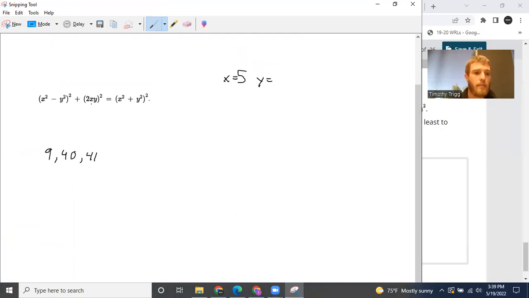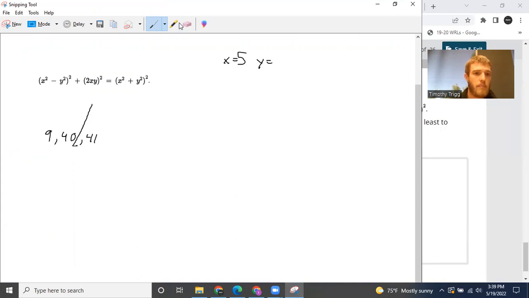So we know our x value is 5, but what's the y value here? Well, one thing I noticed is that this 2xy is probably going to be our 40 here. So 2x, x is 5, y we don't know, and this is going to be our 40. Solving for y, we can see 2 times 5 is 10, so we got 10y equals 40.